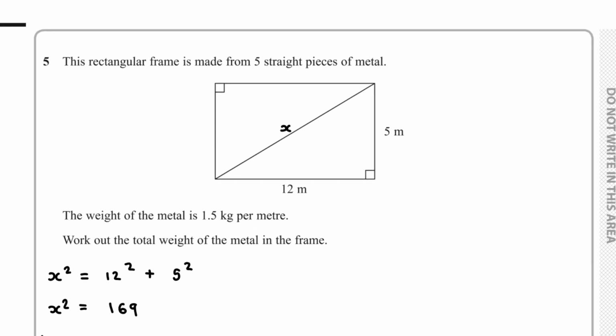So here we've got 13 meters. Opposite lengths in a rectangle are equal, so here we've got 12 meters, here we've got 5 meters.